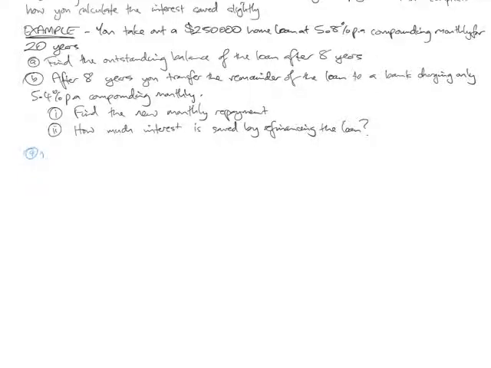The actual first step isn't even working out A straight away. We do not have the regular repayments. We need to work that out as if they were doing the loan as it stood. So the first step is to find what the repayments should be if they were taking out the loan as normal without that stop at the 8th year.